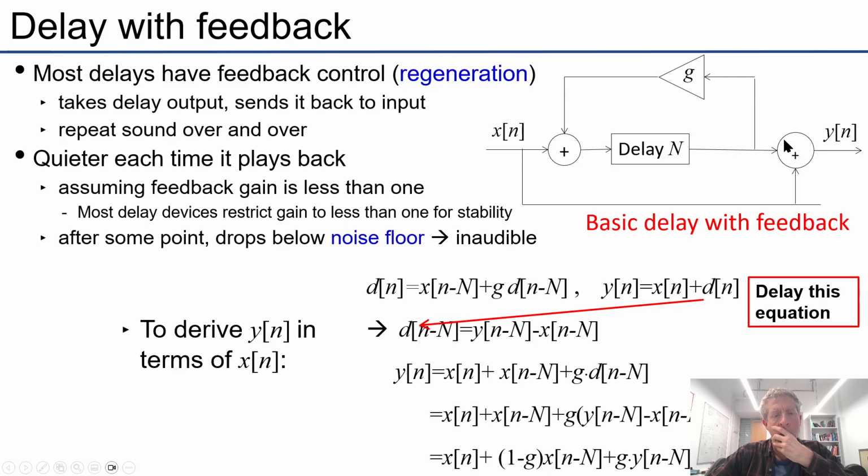That's the input to this final output, y of n. And we delay all the terms here, and then subtract both sides by the delayed version of x of n. So we get that the input into this summation for y of n, once delayed, equals y of n minus capital N minus x of n minus capital N.